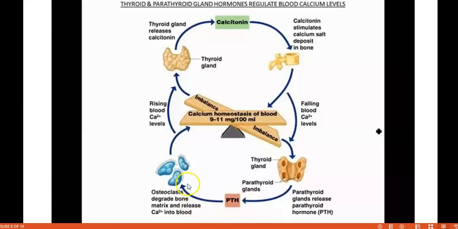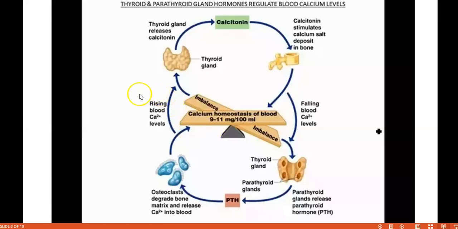PTH releases calcium from the bones, as osteoclasts degrade the bone matrix and release the calcium into the blood circulation. Due to this, the calcium level is maintained in our blood circulatory system.